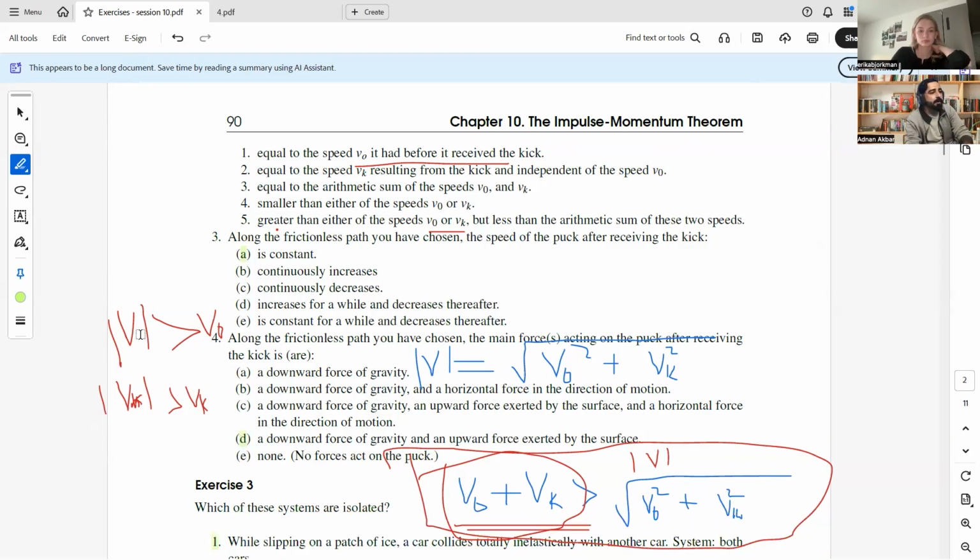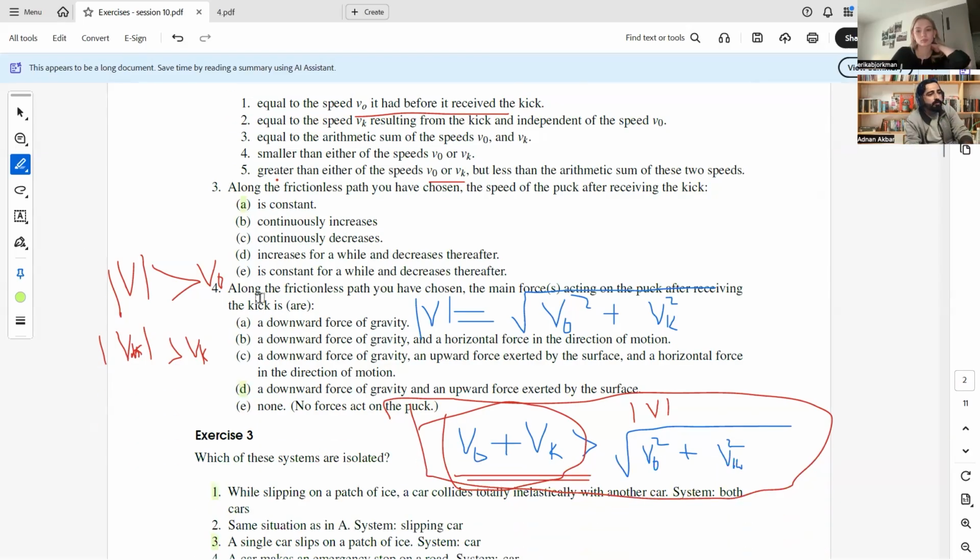Okay, and next, part 4. Along the frictionless path, the main forces acting on the puck after receiving the kick are: Okay, on the frictionless path, we need to check which are the main forces. One is the force that we have provided, that is the kick force.